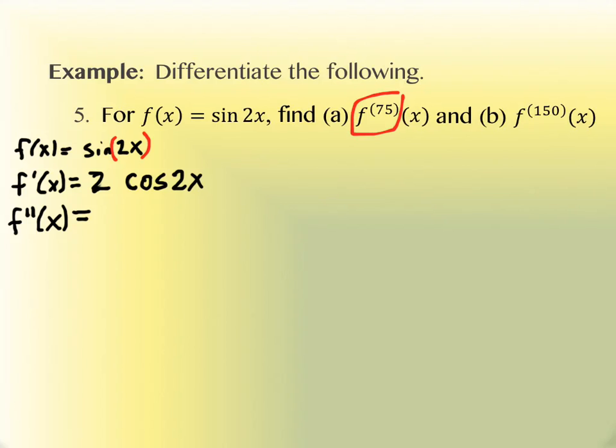Okay, so I'm going to write this, and then I'm going to do a cleanup step real quick. This is a 2, because the 2 is a coefficient, right? And then what's the derivative of cosine? Negative sine. Of the same angle, right? The angle doesn't change. But then I have to do what?